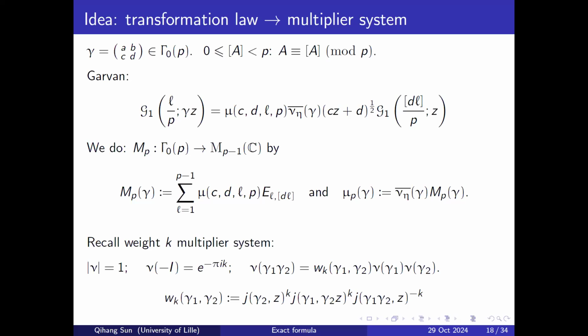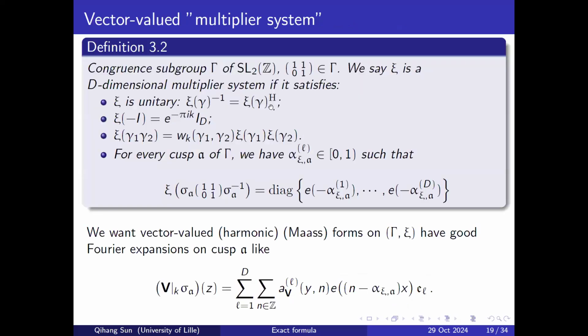And so we introduce the definition of the vector valued multiplier system in this way. The matrix has to be unitary, which means its inverse has to be its Hermitian conjugate. And also the same thing for minus I, and also the same thing for the product of two matrices. And I require one thing more, to make this transformation law a diagonal matrix.